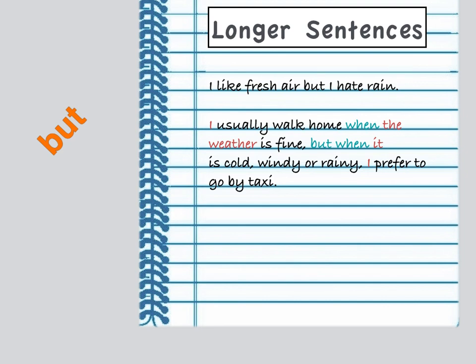Listen. I usually walk home when the weather is fine, but when it is cold, windy, or rainy, I prefer to go by taxi. It's okay, but it has too many ideas together. Better change but in this case to however.